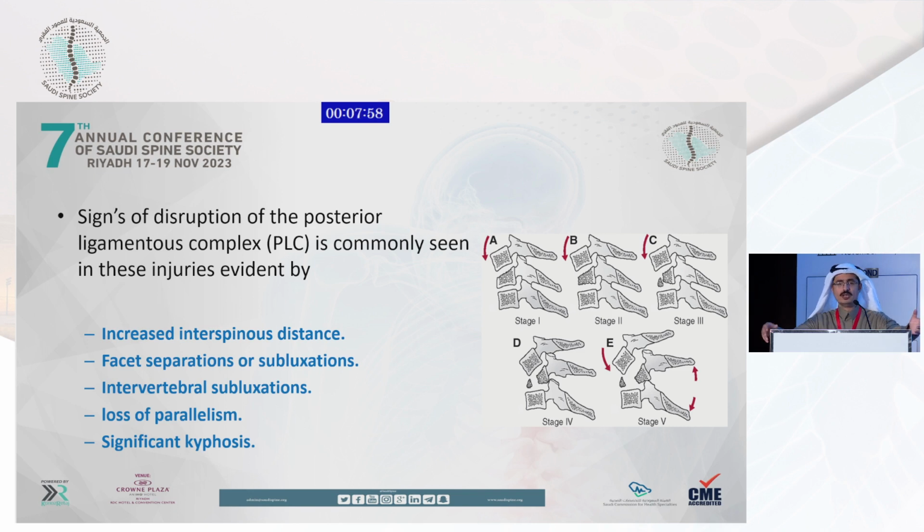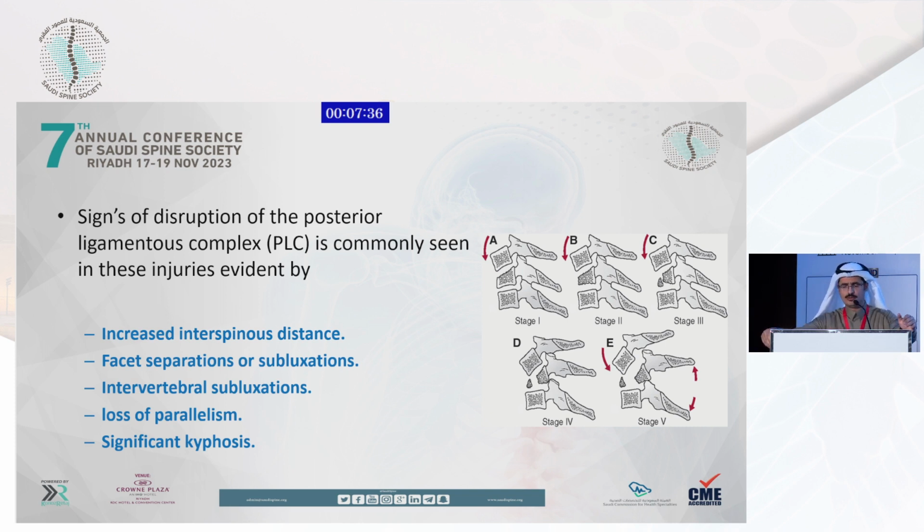We define the posterior discoligamentous complex as including the anterior longitudinal ligament, posterior longitudinal ligament, disc, facet joint capsules, plus the interspinous and supraspinous ligaments. So whenever you are evaluating such an injury, you need to look carefully at the MRI and evaluate these soft tissues.